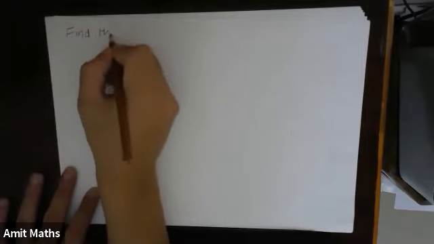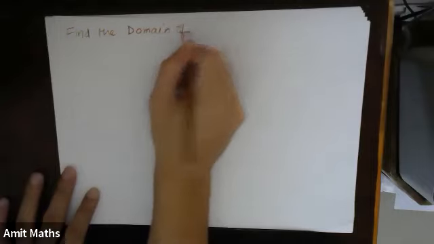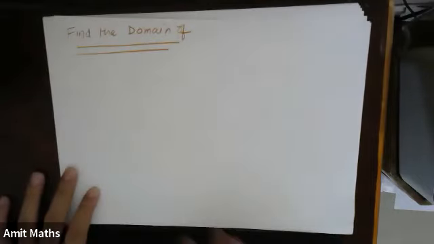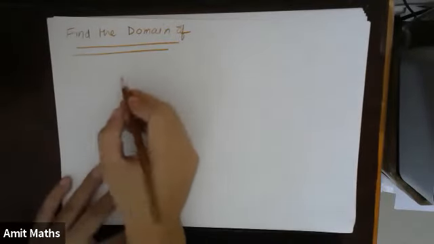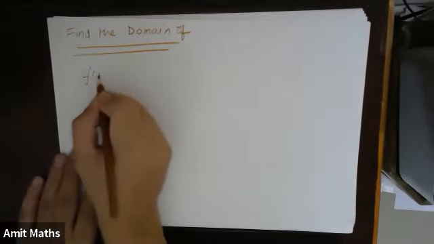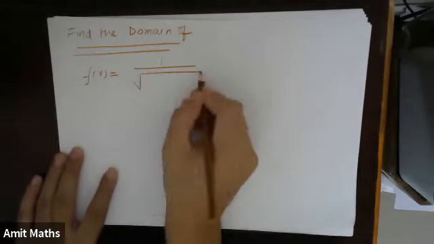So you have to find the domain of f of x is equal to 1 upon under the root of minus log base sine x of tan x, where x belongs to 0 to pi by 2. Now look at the question very carefully and try to understand.